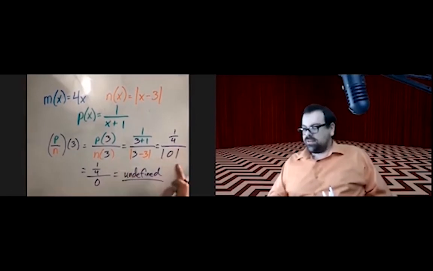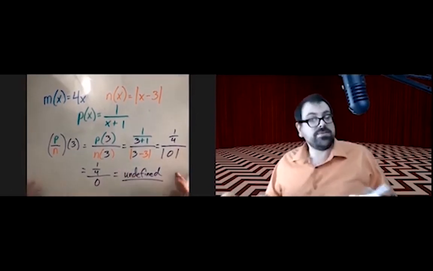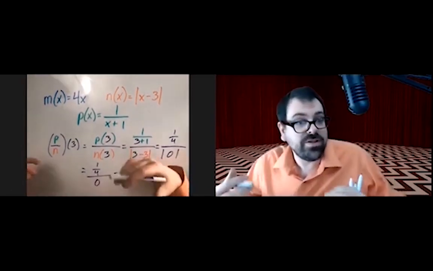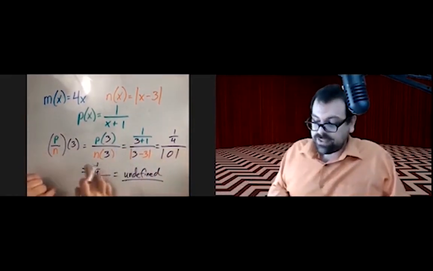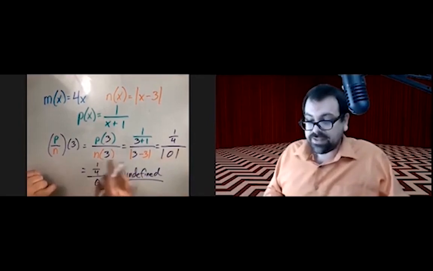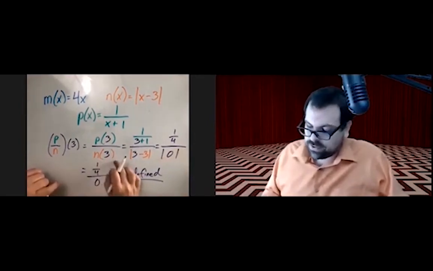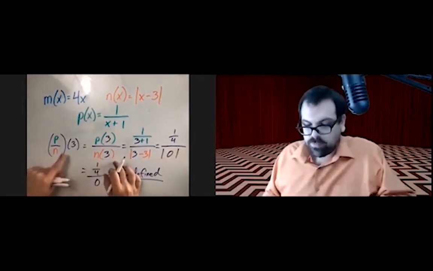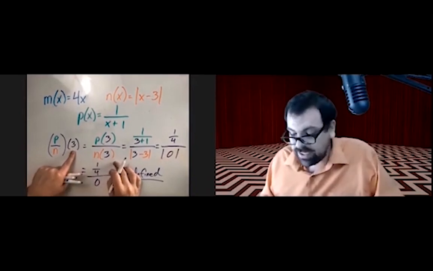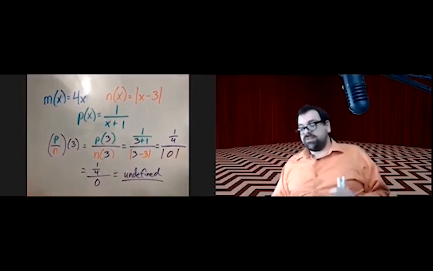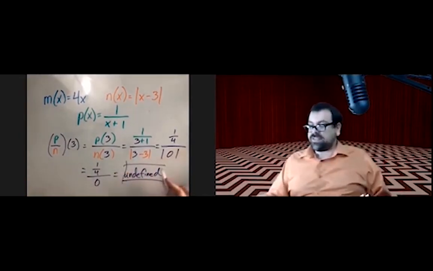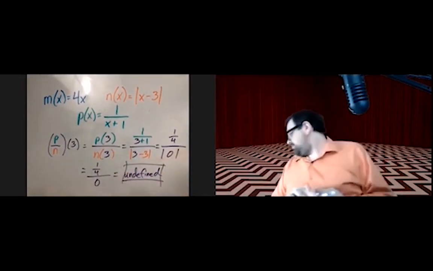This meant the thing on the bottom was equal to 0. So remember, I said when we have the division one, we have to make sure the function on the bottom, in this case n of x, isn't equal to 0. And when we specifically plug in 3, that's the value that makes n of x equal to 0. So it's the value that causes this to be undefined.